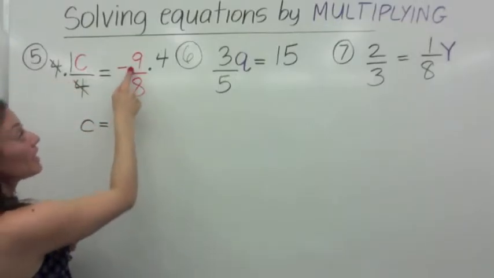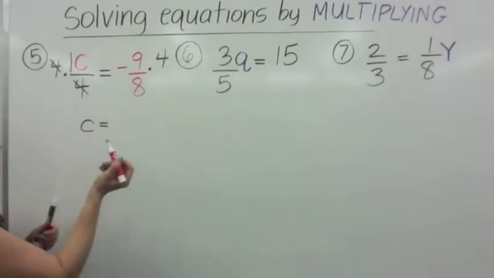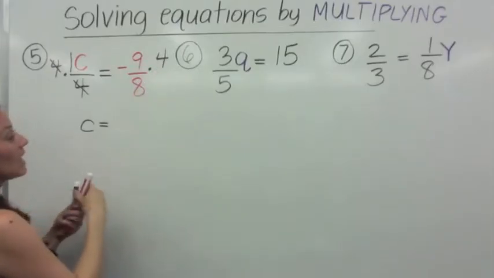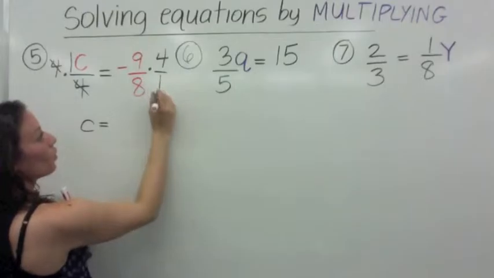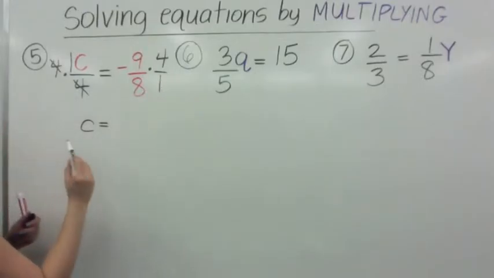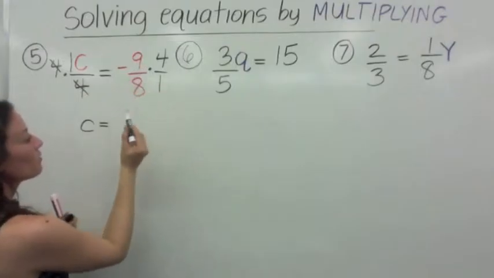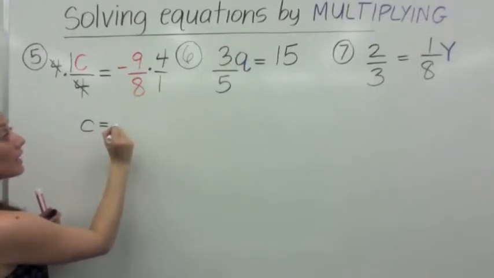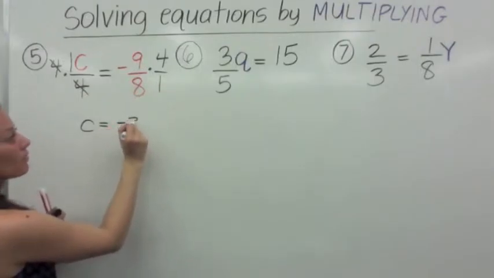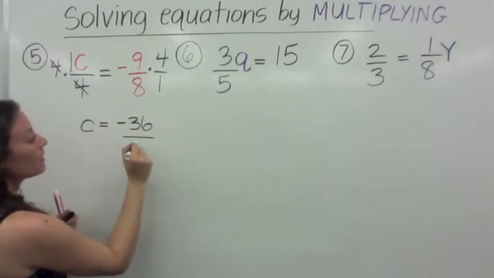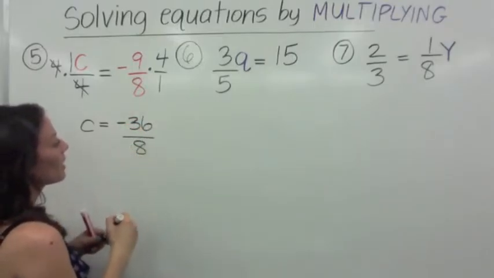Now you have to do negative 9 times 4. And remember, the reciprocal really is 4 over 1, if that makes you more comfortable multiplying fractions. You do top times top and bottom times bottom. Negative 9 times 4 is negative what? It's negative 36 divided by 8, okay?